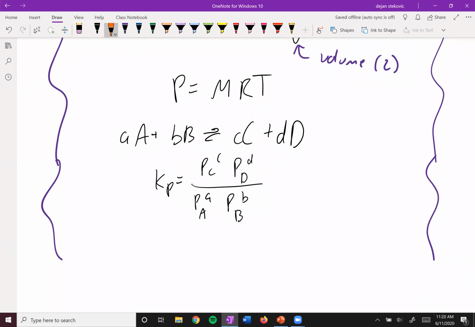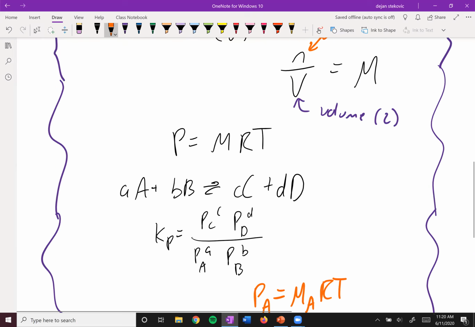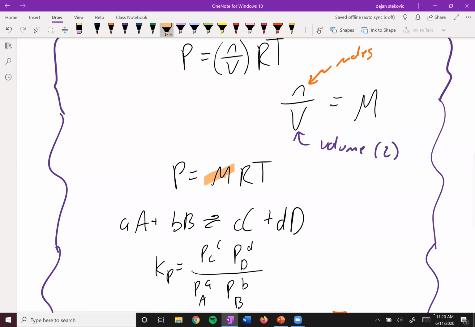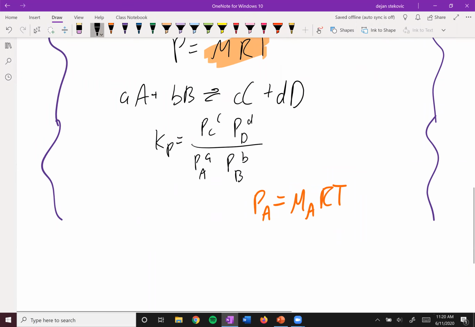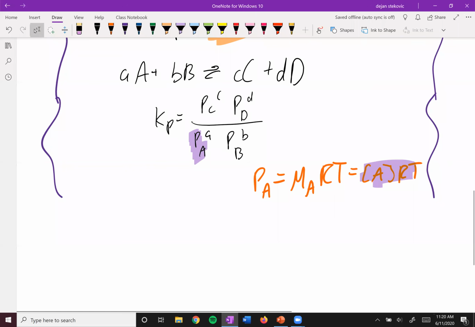And for each one of these, for example, the pressure of A is equal to the molarity of A times RT, which is what we found earlier. Molarity is a unit of concentration, so we can say it's the concentration of A times RT. We can plug this in for the partial pressure of A, and then repeat that for all the other ones as well.